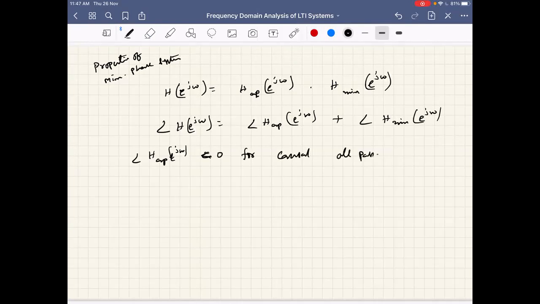Anyway, we understand that H minimum phase is causal and stable. There should be some overlapping region to find this out. So H all pass is also causal, and hence this is always less than 0.